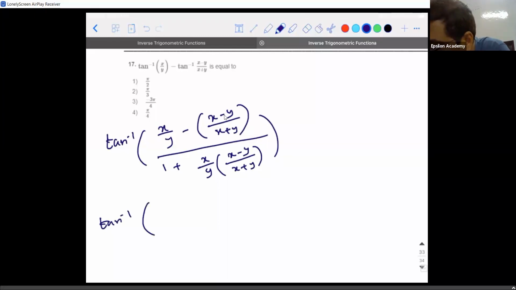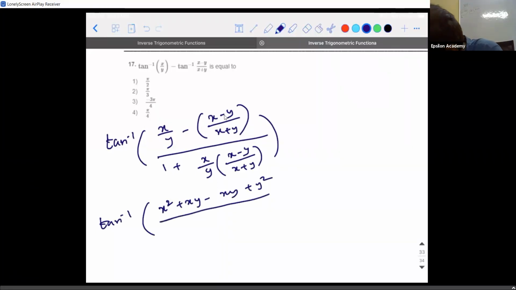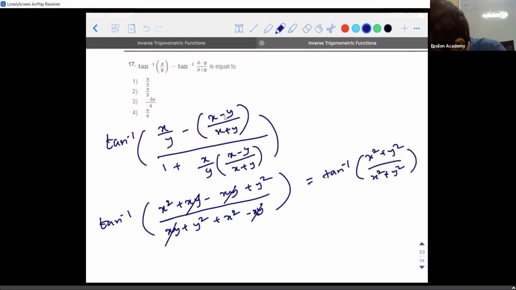Tan inverse of x square plus xy minus xy plus y square, the whole divided by xy plus y square plus x square minus xy. So xy gone, here also xy gone. So we'll get tan inverse of x square plus y square divided by x square plus y square. That is tan inverse of 1, which is pi by 4. So pi by 4 is the required answer.